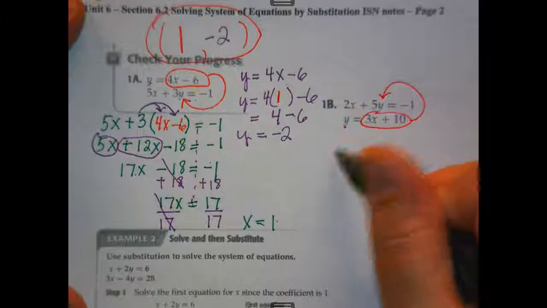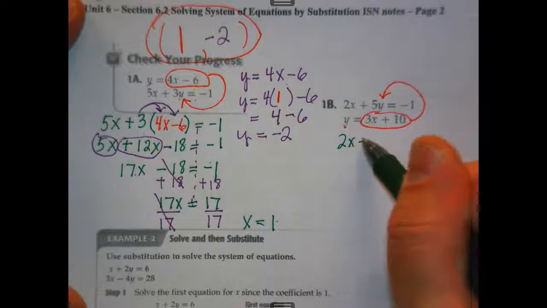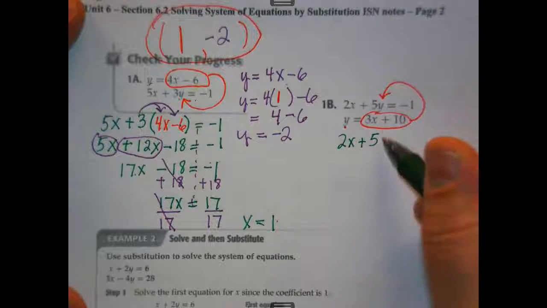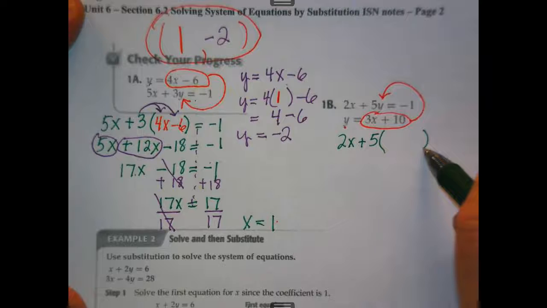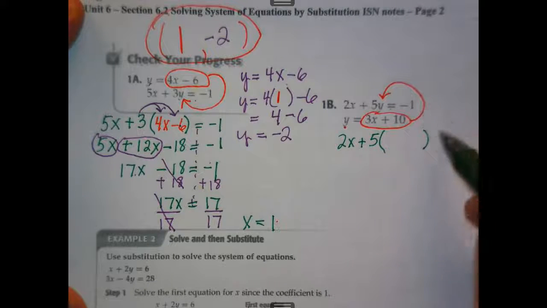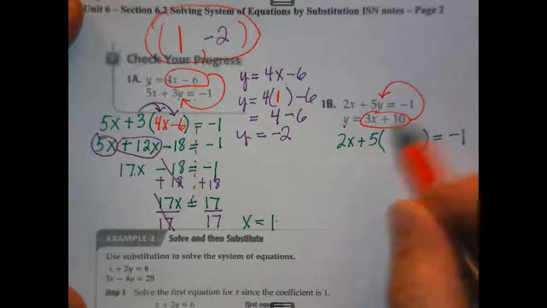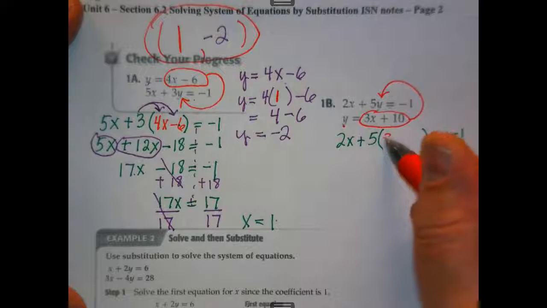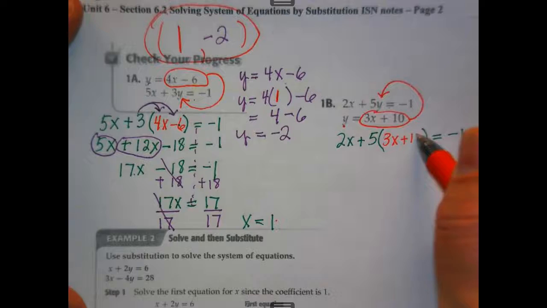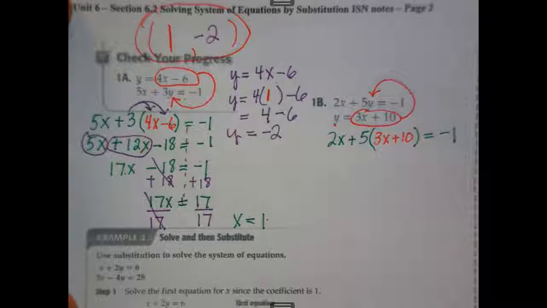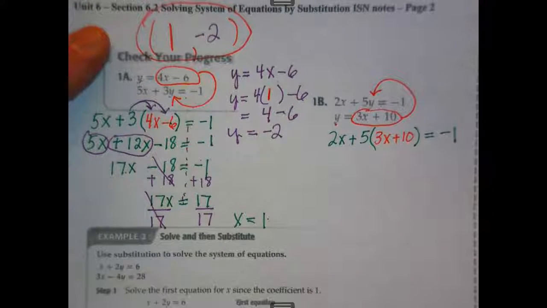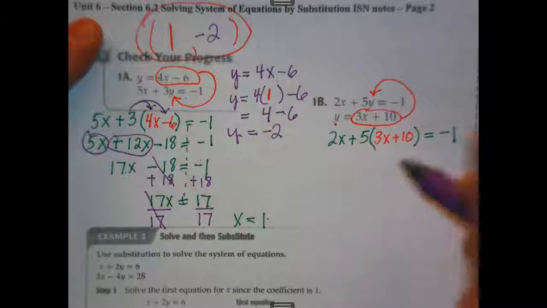So I have 2x plus 5, and for the y, I'm going to put a set of parentheses, equals -1. And substitute in 3x plus 10 for my y. Going to solve for x now.